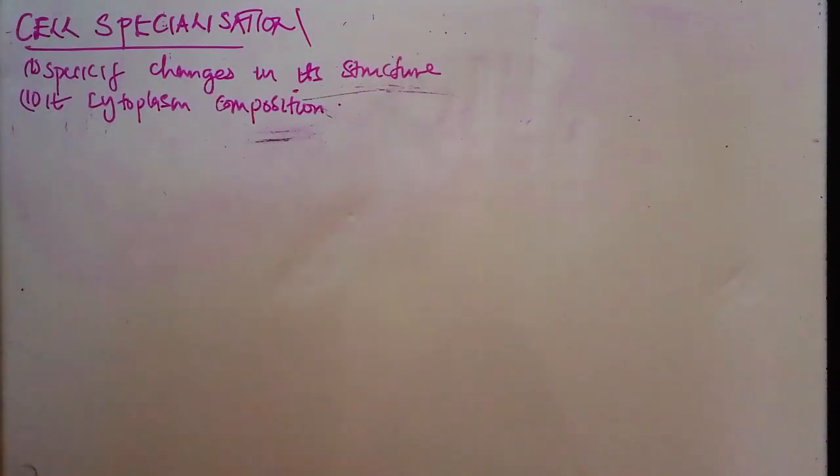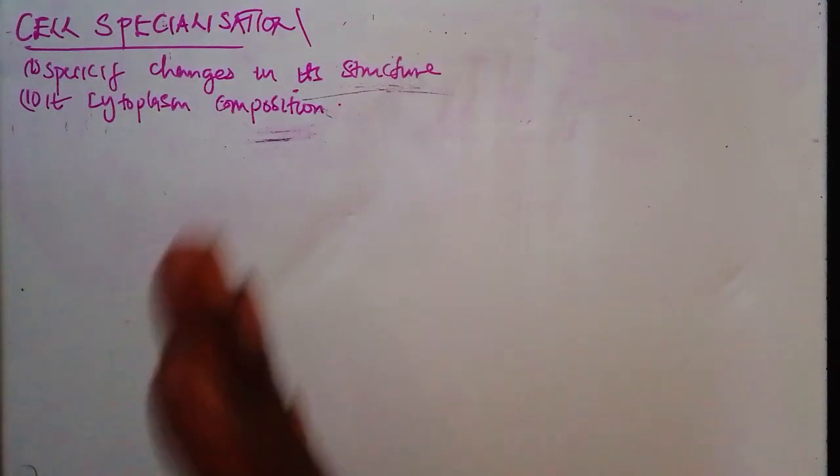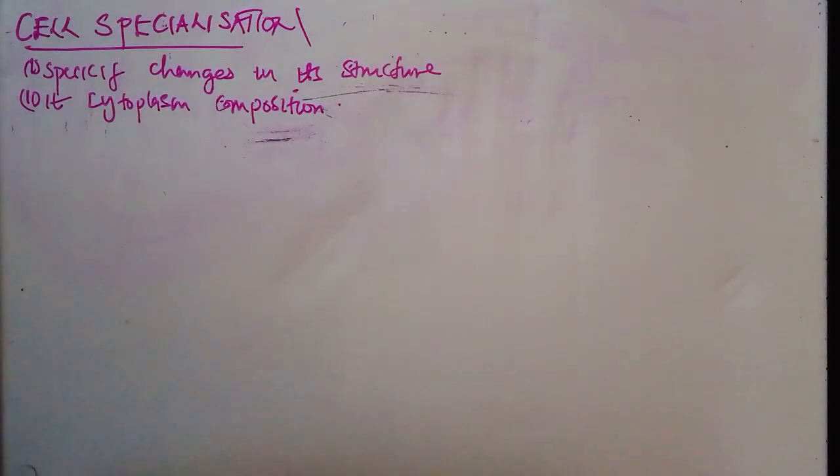Then the next thing we need to know under cell specialization are some of the examples of cell specialization. In this video, we are going to look at about 4 types of cells which undergo cell specialization.